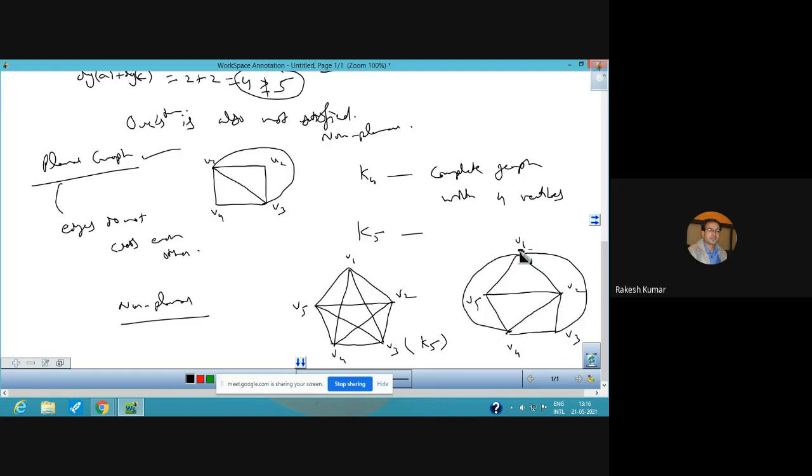V1, V3 has been joined, V1, V4 has been joined, V2, V5 has been joined, V3 is joined with V4, V2, V1, but not with V5. Now, if we try to plot an edge here, it will cross this edge. So it will not satisfy the condition for completeness. Similarly, if we try to draw an edge from this side, it will cross this edge. And that is why this graph cannot be a planar graph.